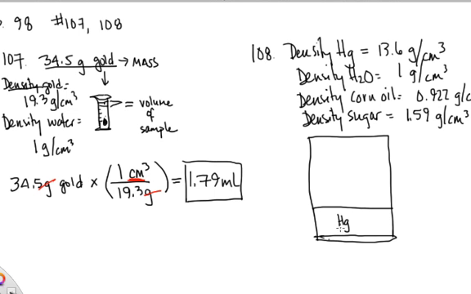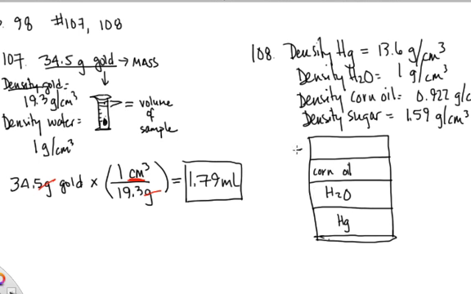The next dense substance, which is my water, is going to end up above the mercury. And the corn oil is the least dense and is going to end up on top. So here's how they would be arranged in the beaker.